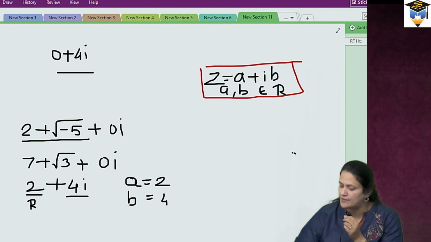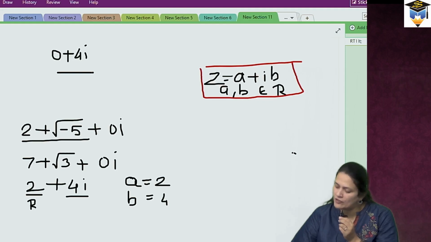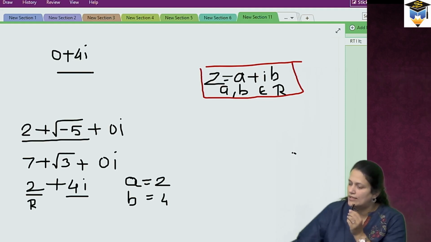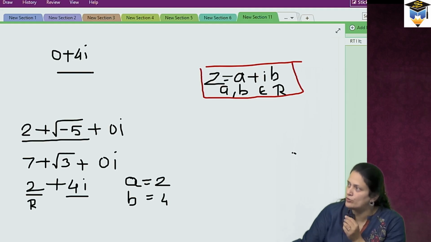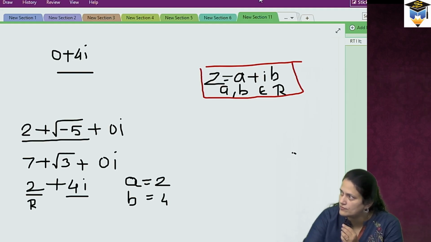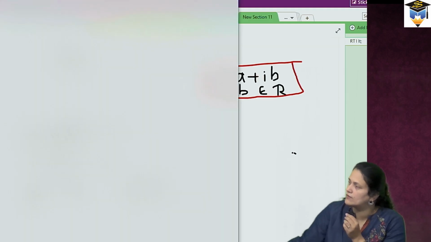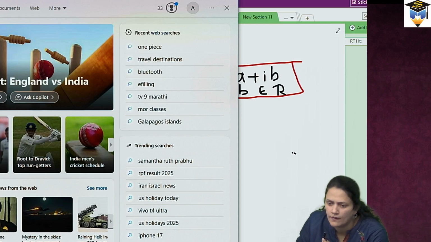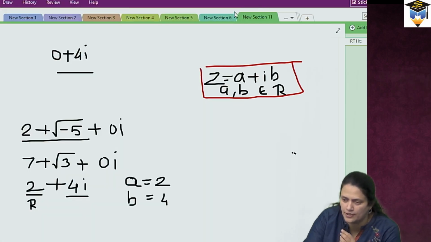So write down these examples, a few examples which are given in the textbook. That entire table, please write it down. The table which you can see in your textbook. Online students, if anybody has any doubt, do let me know. Just a minute.